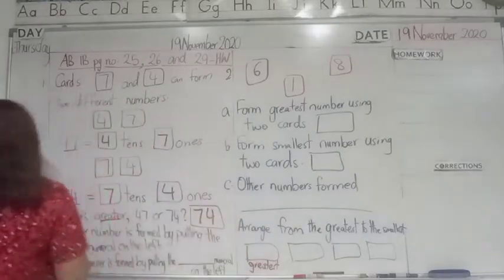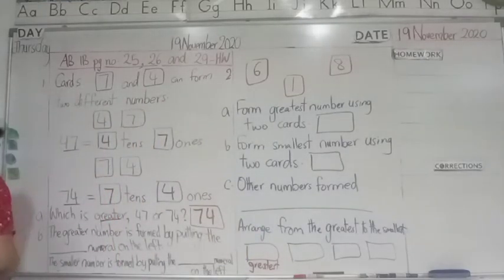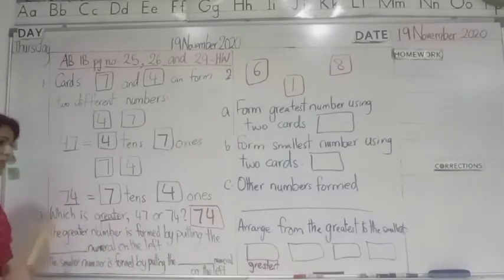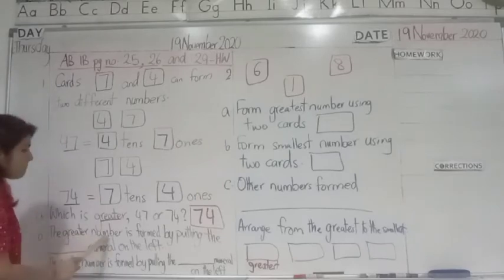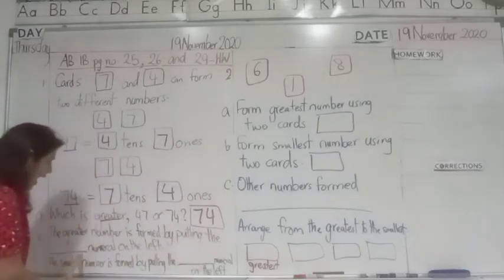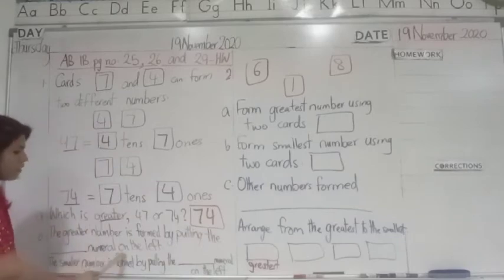When I read the sentence, I want you to first listen to me very carefully, then repeat with me. The greater number is formed by putting the dash numeral on the left.